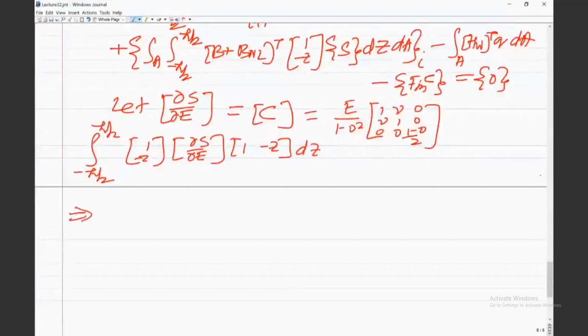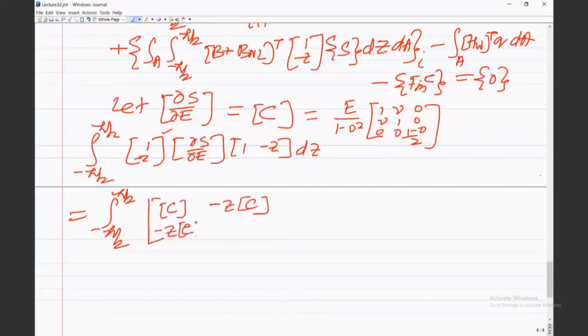This you can write, as you see, as basically the integration from minus h by 2 to plus h by 2, and this is C matrix. So if you multiply, C you can take with either the left side Z matrix or the right side Z matrix. So when you multiply these, you will get C, then minus Z into C, minus Z into C, and Z square into C. So this is what you will get, and dz after this multiplication.